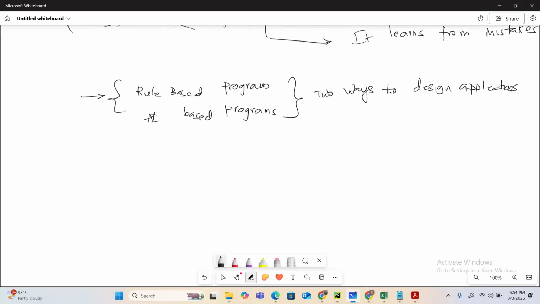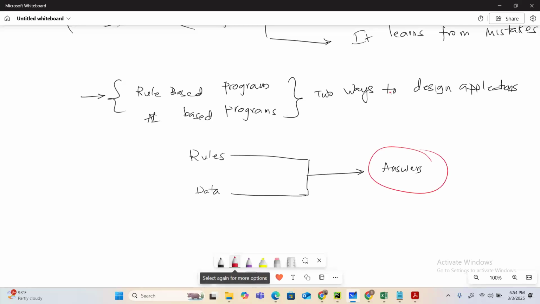Now, in a rule-based approach, rules will be given and the data will be provided. So you will get the answers.